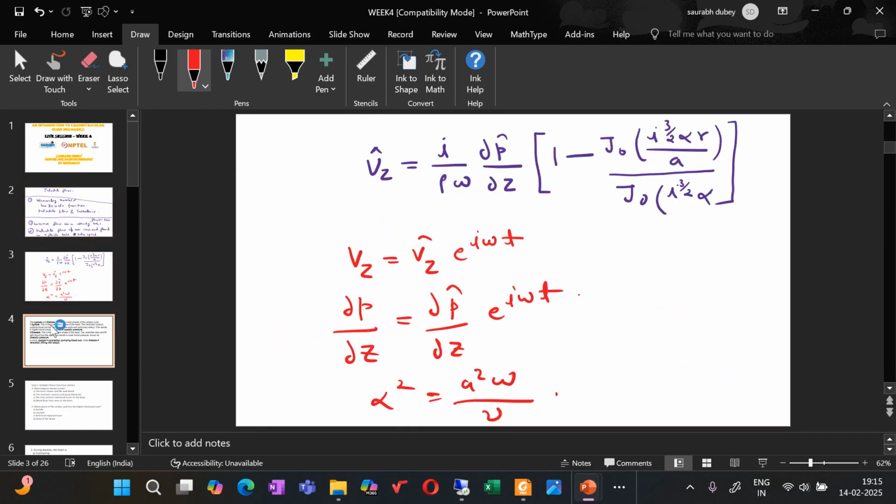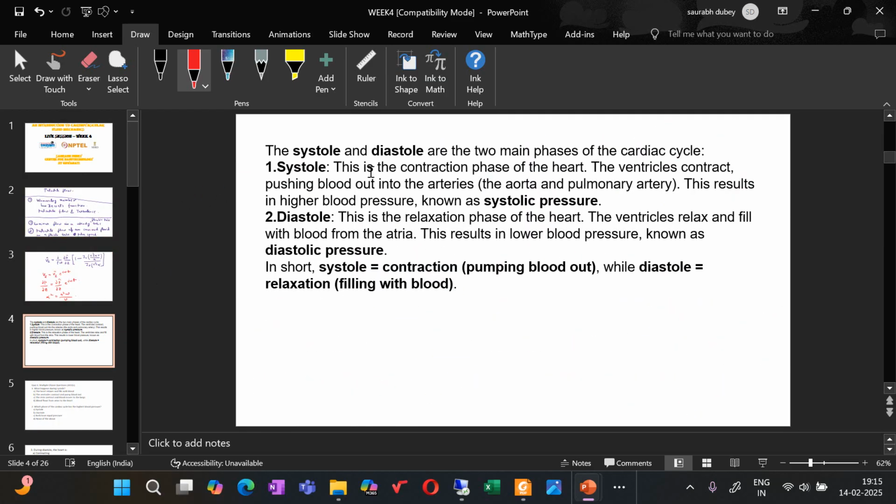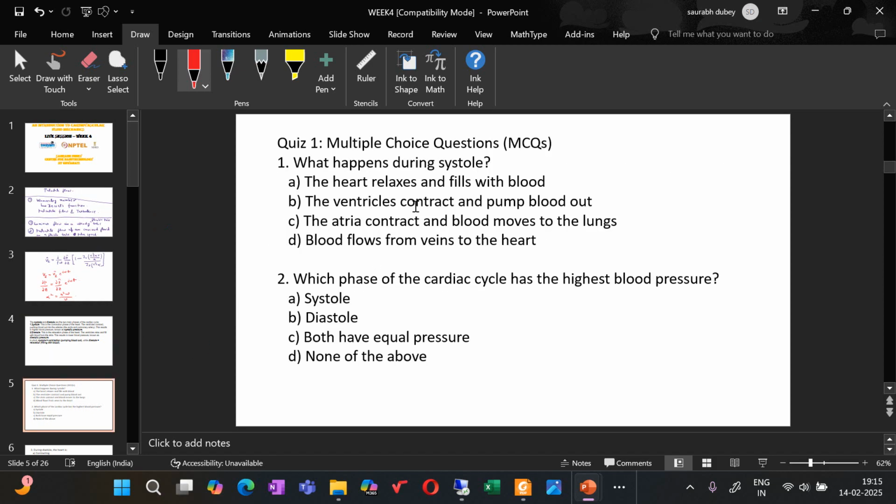Systole is the contraction phase of the heart: the ventricle contracts, pushing the blood out into the arteries, the aorta and the pulmonary arteries. This results in the high blood pressure known as systolic pressure. So your answer is correct, ma'am. Option B is correct, right?